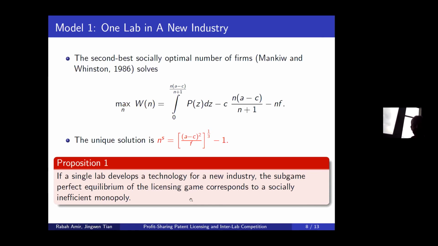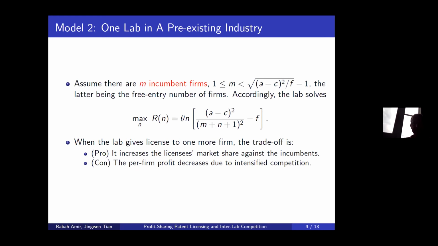So the result here is, if there's a single lab and it's a new industry, we get monopoly. I'm just repeating that. And if there are M incumbent firms, then the lab would pick M plus 1 new firms if there's no fixed cost.